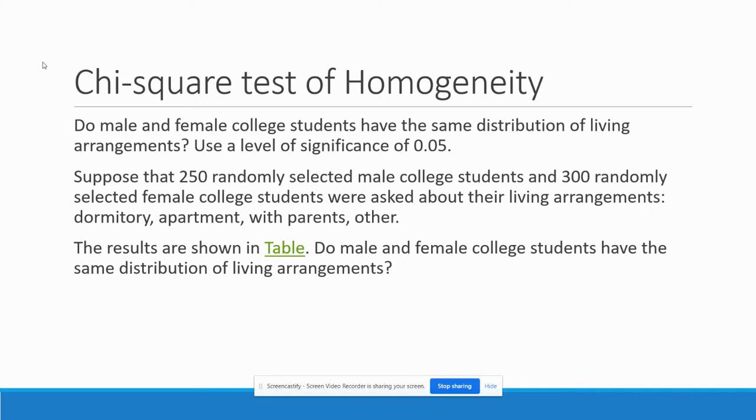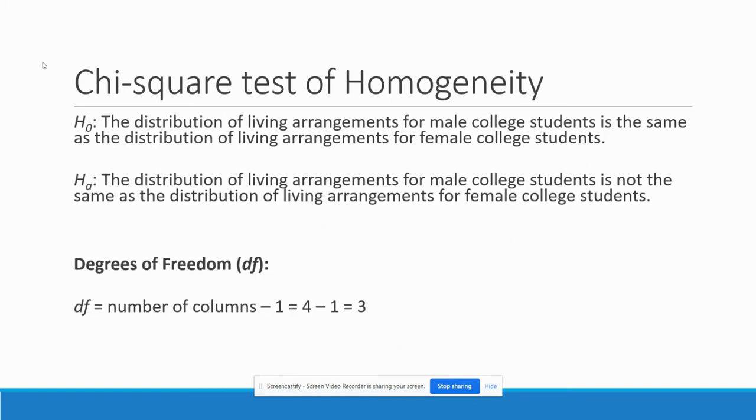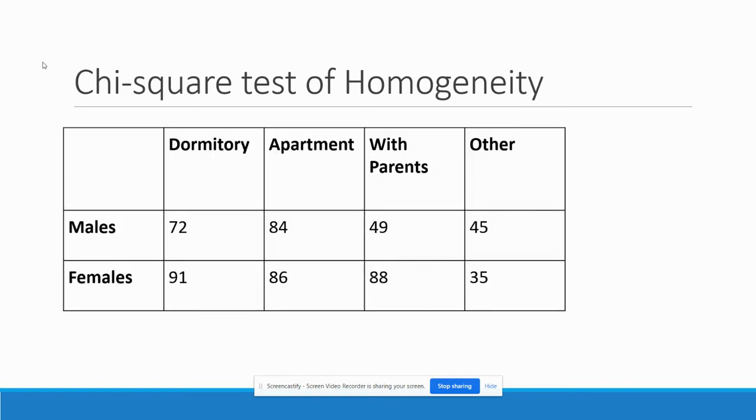Here's one way that they compare that. Suppose that 250 randomly selected male college students and 300 randomly selected female college students were asked about their living arrangements. They were asked, do you live in a dorm? Do you live in an apartment? Do you live with your parents or other? Here we go, let me show you the table.